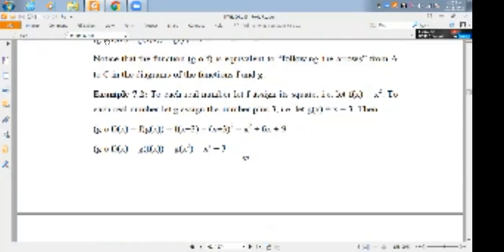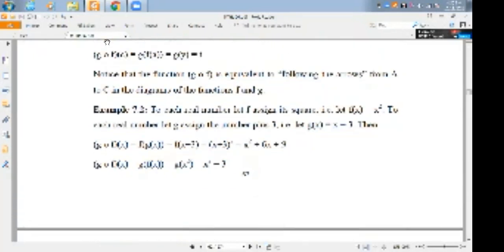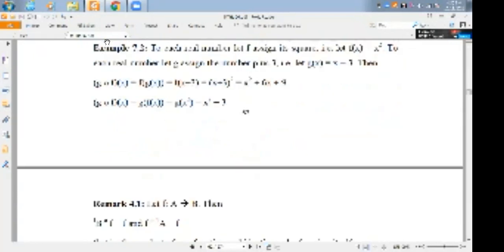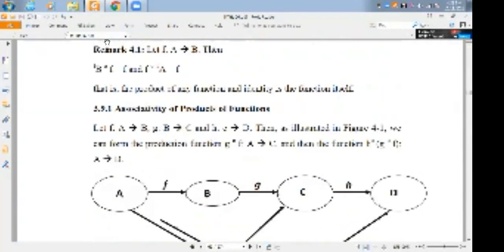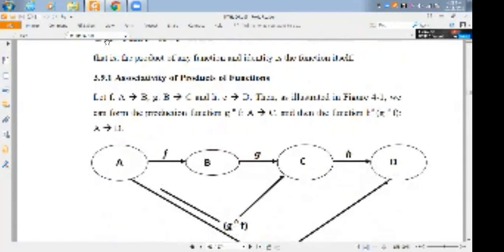That gives a good example for composite function. So we still have the associative or product of functions.